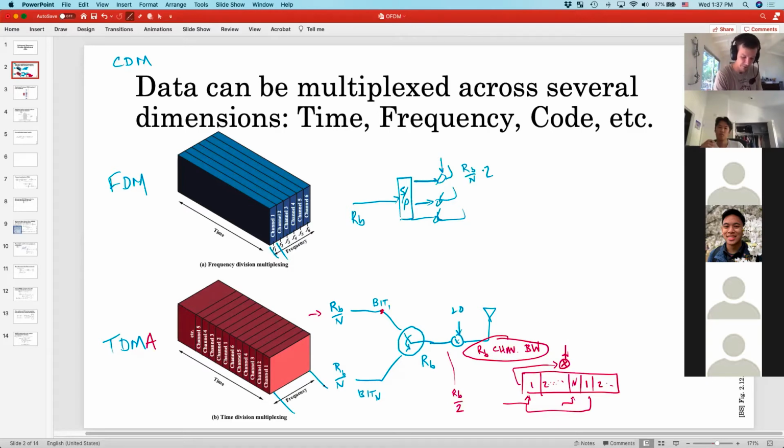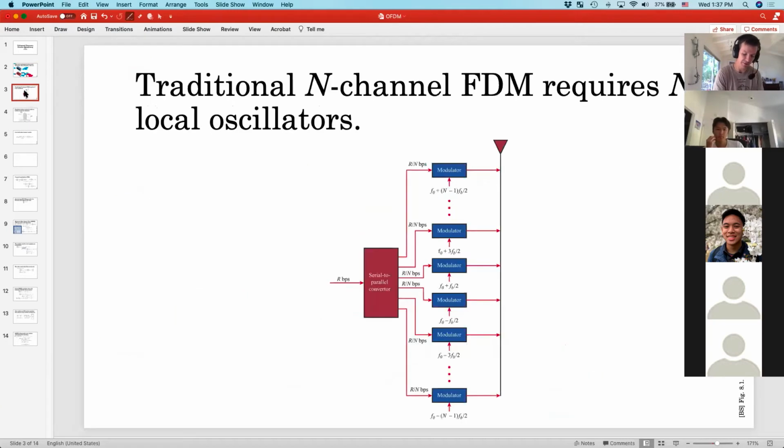Okay. Let's see here. I hope you can start to see the problem with this methodology, especially in FDM. And that is the presence of all these dang modulators, right? I mean, sure, you can build a mixer, an RF mixer, for not that much money.